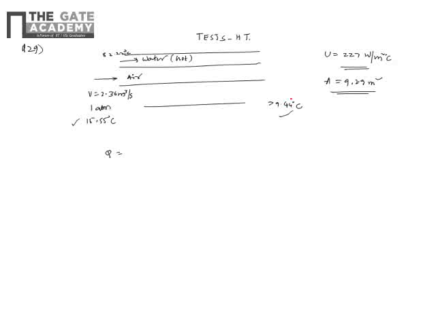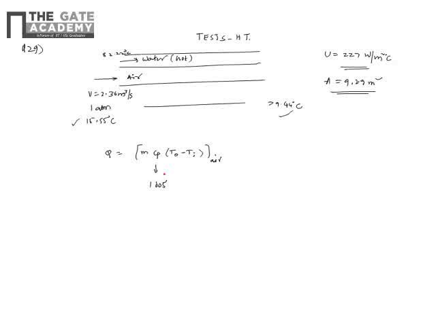So the heat that has transferred to the air is mass flow rate into specific heat of the air into T outer minus T inner for the air. That is the heat that has come from the water, so that will be the heat transfer rate. The specific heat for the air, we know, is 1.005.